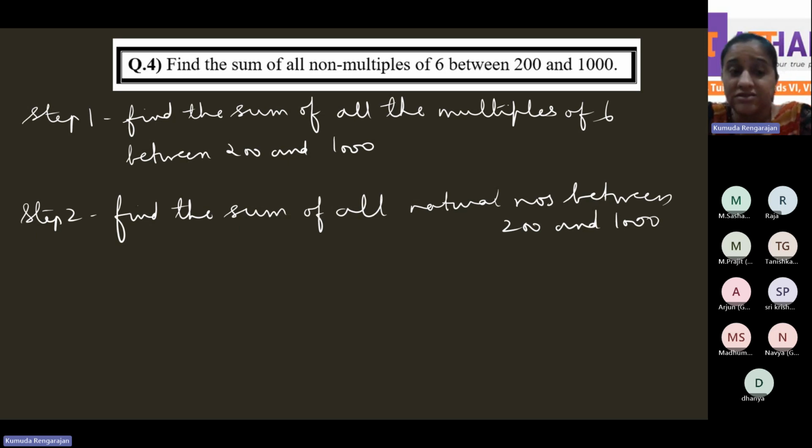In step one, you have the sum of the multiples between 200 and 1000. The difference, so step two minus step one. The answer you get in step two minus the answer you get in step one will give you the sum of all the non-multiples of 6 between 200 and 1000.